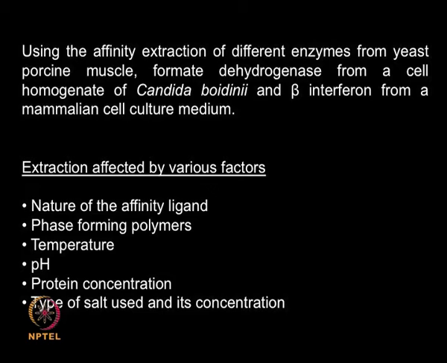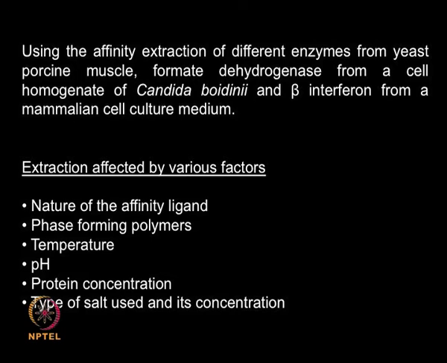The nature of the affinity ligand I am using, and the phase forming polymer, because your affinity ligand is going to be immobilized on a polymer. We can't just have the free affinity ligand floating around. So, it is going to be on a polymer in a covalent manner. So, the phase forming behavior of the polymer, the temperature at which you are studying, the pH, the protein concentration, the type of salts used and the concentration of the salt.